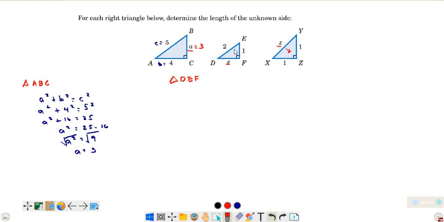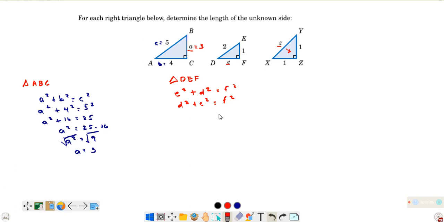So we have the first leg, which is E squared, plus the second leg, which is the opposite of D, so D squared. Pwede nyo rin siyang isulat as D squared plus E squared. Parehas lang yun, since addition is commutative. Now the hypotenuse is F, so we have F squared. Alin man dito, parehas tama.